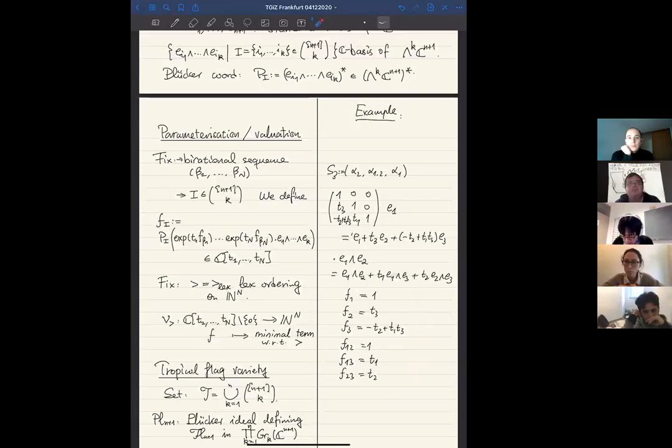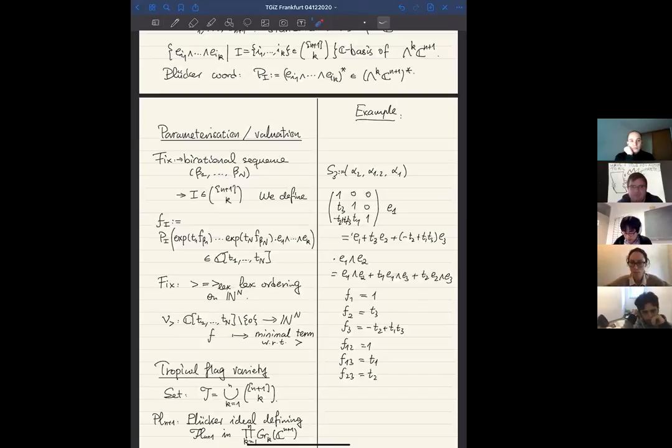Okay, so let me fix a valuation. Here I still use my favorite lexicographic ordering. In general, you can take an arbitrary one. This doesn't matter. Here I take my lex, and then I will define a valuation v from this polynomial ring to N^n. In general, it's from the field of rational functions, but here I simplify things.